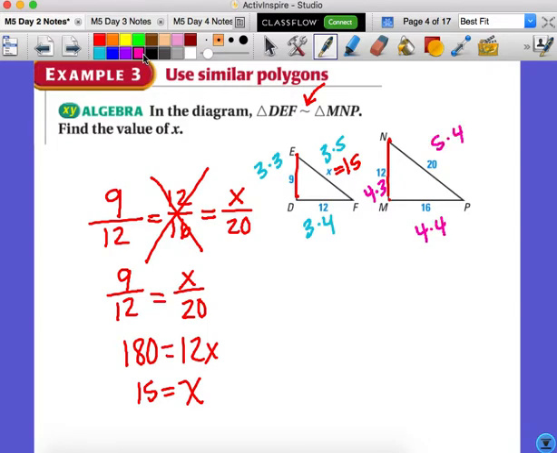Now, I may not have noticed that at first glance, and in fact, you really wouldn't have to, because they don't tell you initially that this is a 90-degree angle, so I might not have looked for that from the beginning. But now that I've solved it, I can see that this is going to be a right triangle because those Pythagorean triples hold true. Just a little reminder there, not something essential for this question, but just a good review.